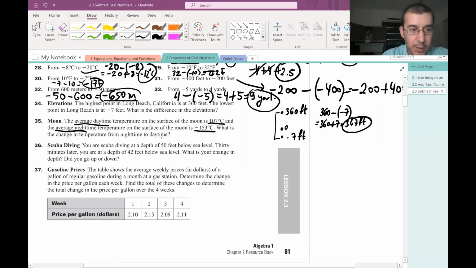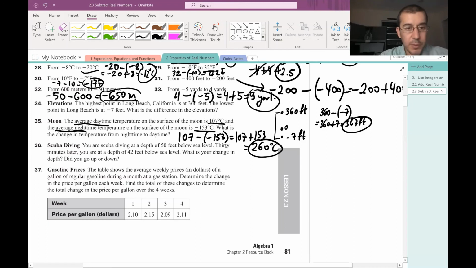So to daytime is this 107, so 107 minus the from, which is minus 153. This is 107 plus 153, or this is 260 Celsius.